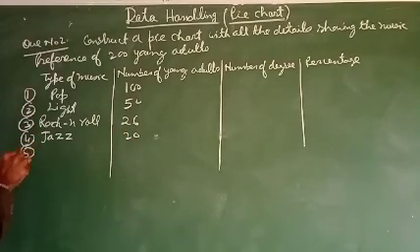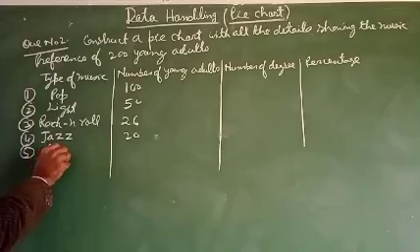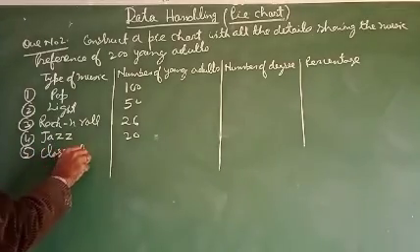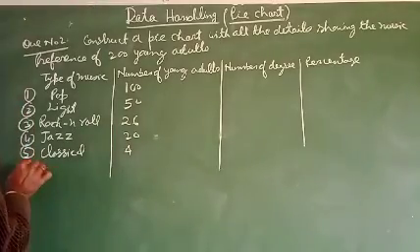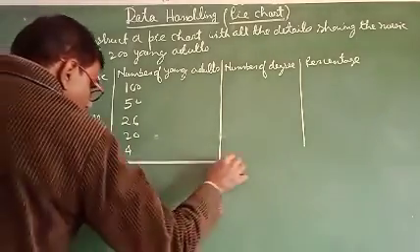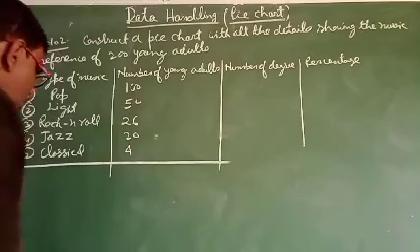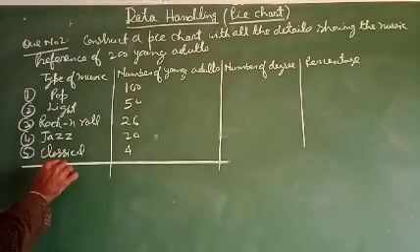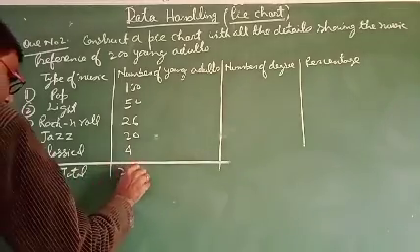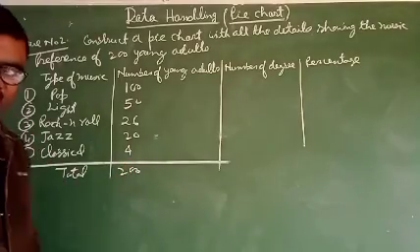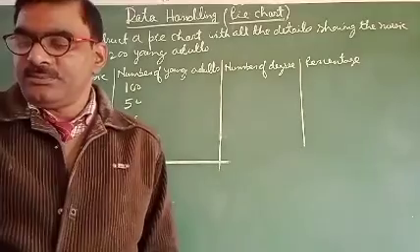Fifth, classical, that is 4. Total is 200.